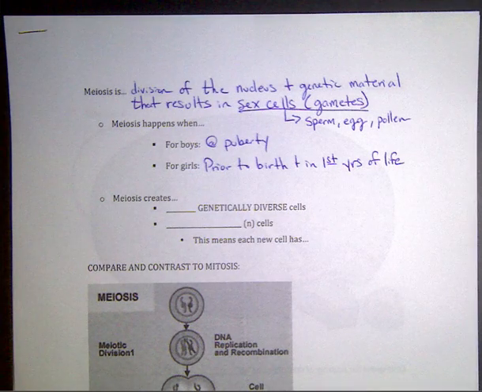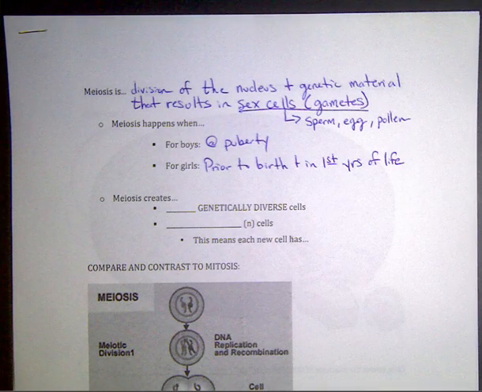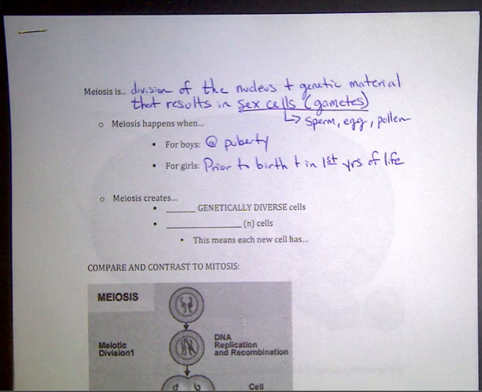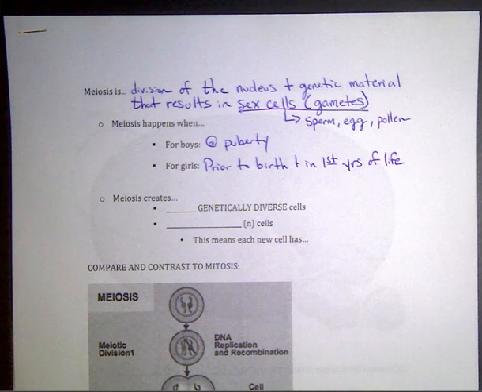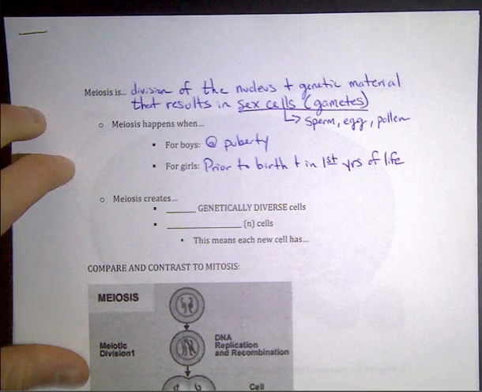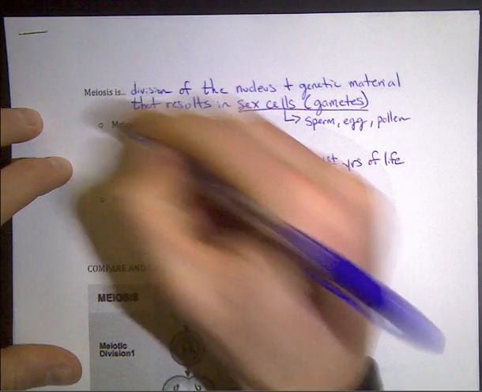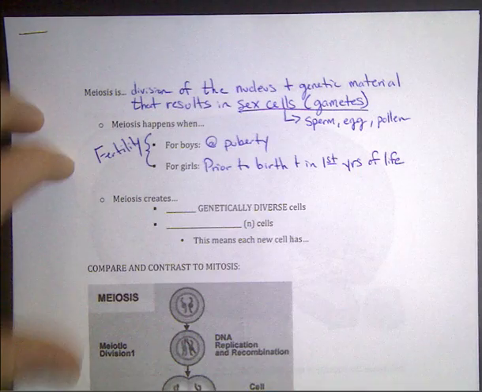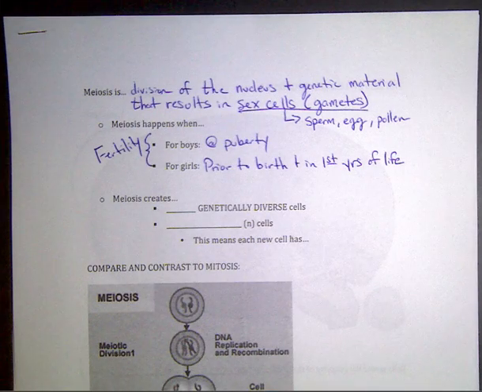After that time, you no longer make any more eggs. Okay? So men, after puberty, you'll make them for the rest of your life. For girls, after the first years, you will no longer make any more. This is important for us to know when we start talking about things like fertility. Okay? So your doctor definitely wants to know about this.